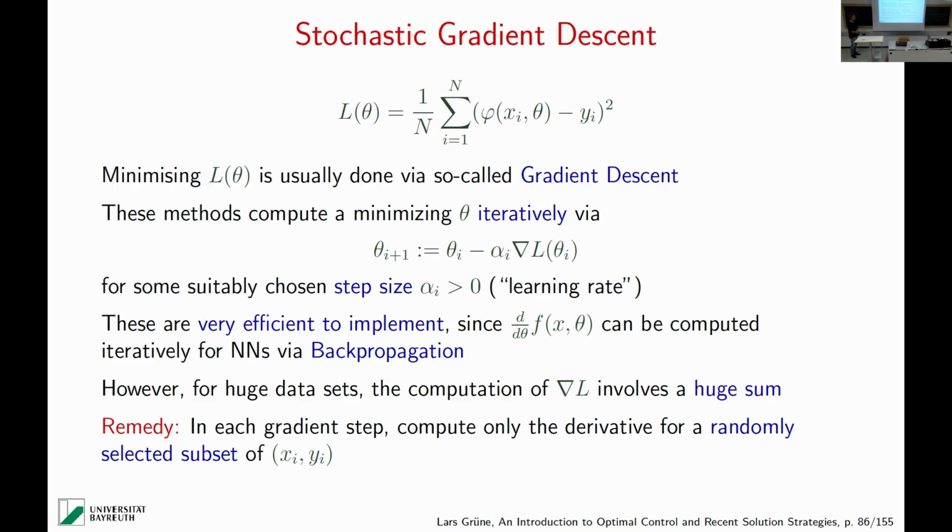Then we compute this derivative of L with respect to theta only for this subset. So we only take a much smaller sum to define L, compute the derivative, make one step, then we get a new set of data points randomly, compute the next derivative, and this is much, much faster and not much slower in terms of convergence. This is what is called stochastic gradient descent.